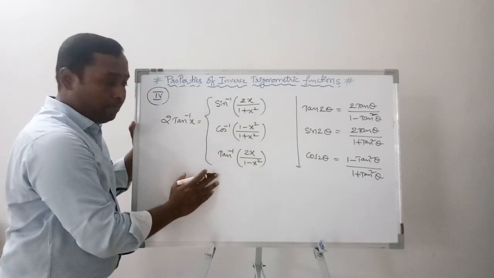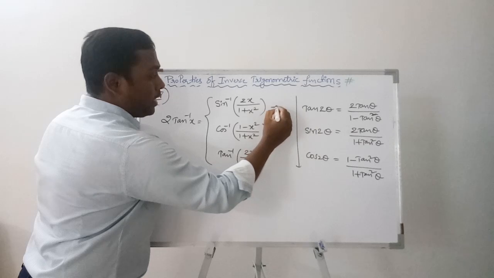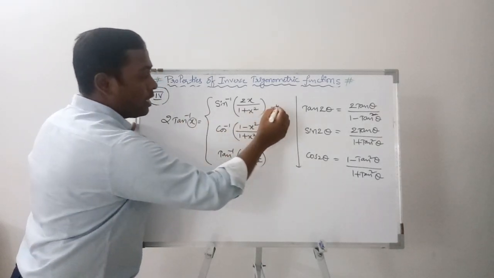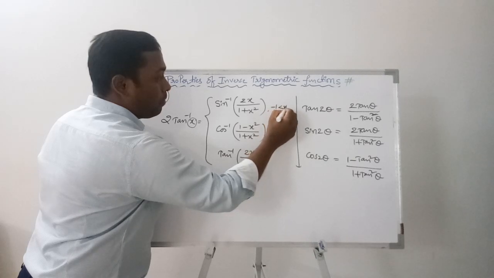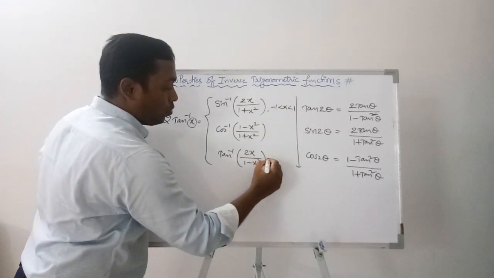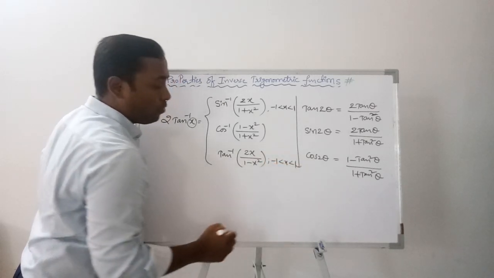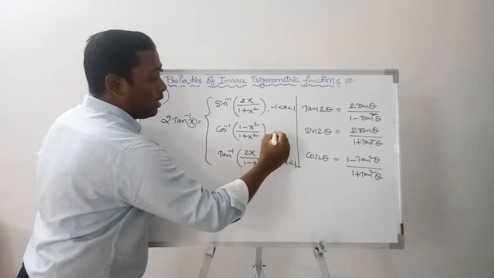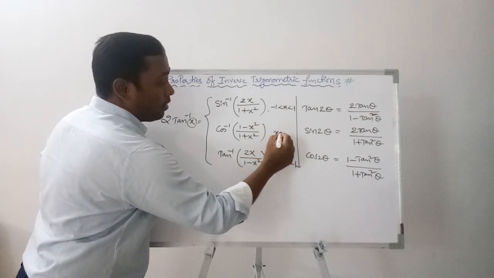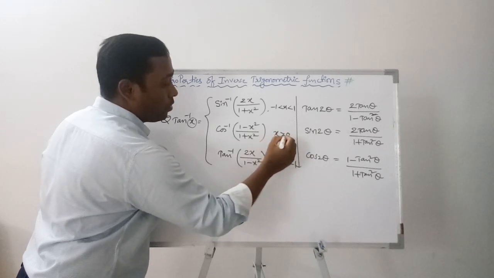But while converting, again you need to remember the value of x involved in the expression lies between -1 and +1. Here also, in terms of tan, x is greater than or equal to 0.